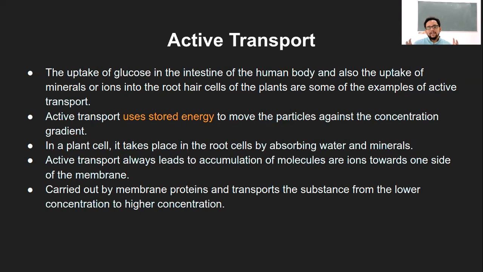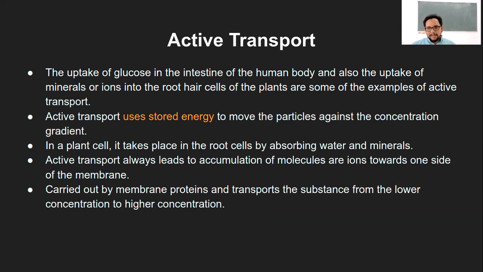In that case, glucose is taken up from the intestinal lumen into the blood capillaries in the vicinity of the intestine by the process of active transport. Because it is against the concentration gradient, it will need some energy, that is why it is active transport. Otherwise it would be what we call simple diffusion.